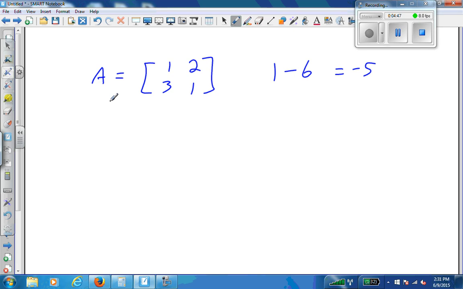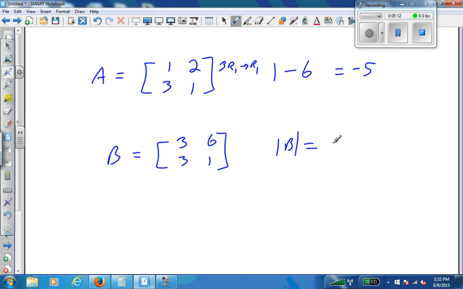Let's call that A. If our new first row is 3 times our original first row, so if we take the first row and triple it, let's see how that affects our determinant. So the determinant of B is 3 minus 18, so negative 15.